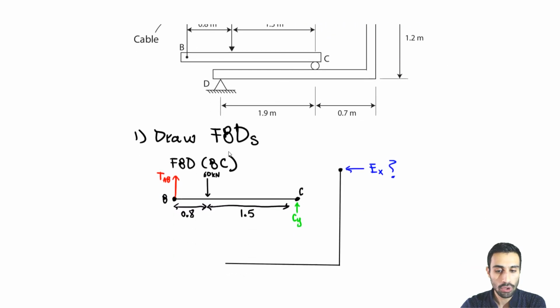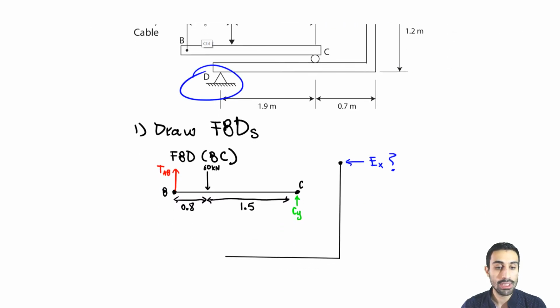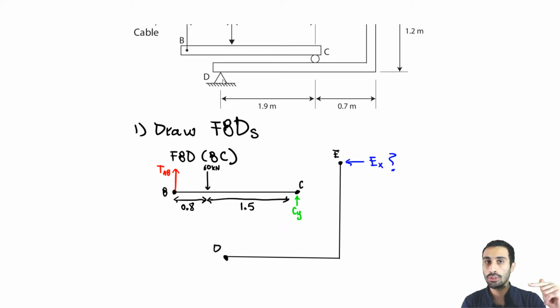Then let's go to D. So this is D, and let me label this E here, and let me label this D. So at D, what do we have? You see at D something that looks like a pin connection. Pin connections always have a vertical and horizontal reaction. Don't worry about the direction right now, but you can assume a direction. In this case, we can say this goes to the left horizontally.